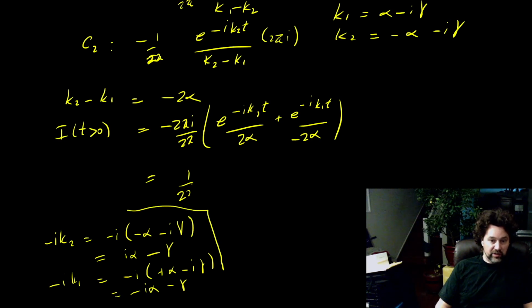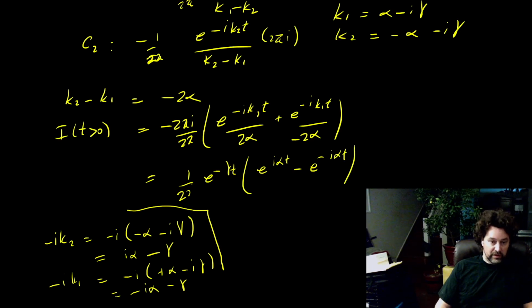And go back and plug that in. So we have a minus gamma t in both cases. We can factor out e to the minus gamma t. And we have e to the i alpha t minus e to the minus i alpha t.